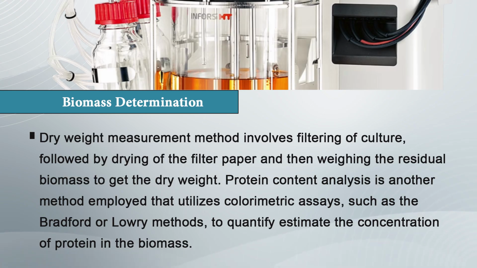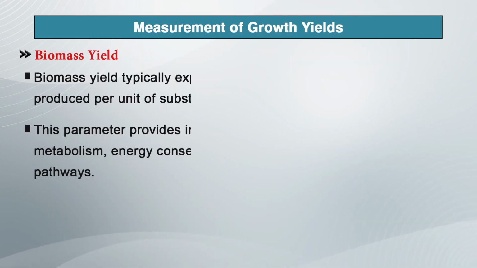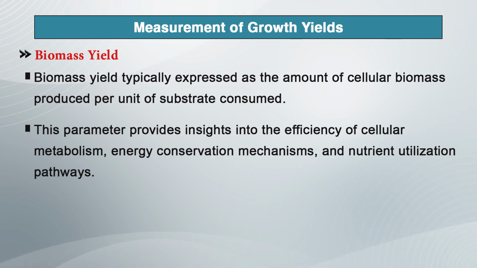Quantification of nucleic acid is another method that employs spectrophotometric methods to assess the concentration of the nucleic acid, may be DNA or RNA, in the biomass. So, biomass determination methods provide accurate measurement for cellular biomass and microbial growth, but these methods are labor intensive, require specialized equipment, high precision analytical instruments and high grade chemical reagents.